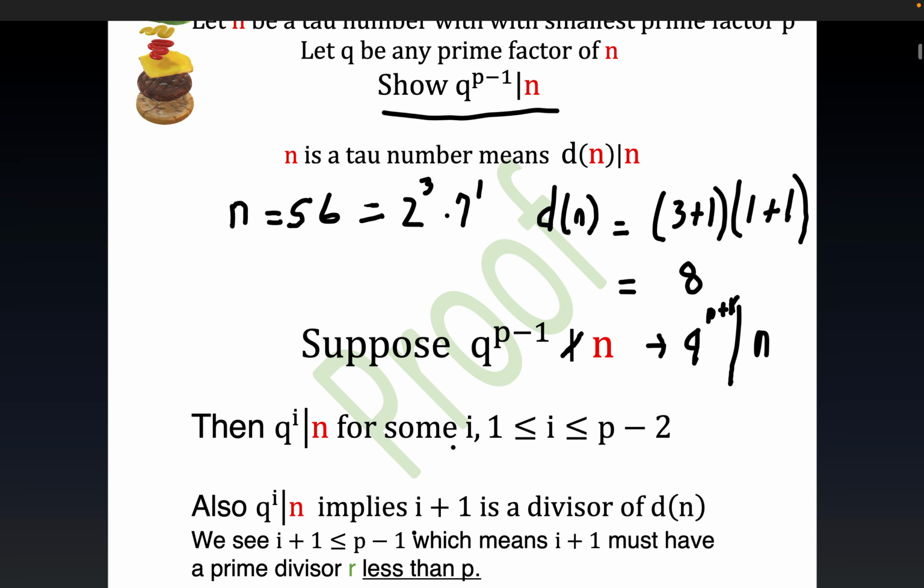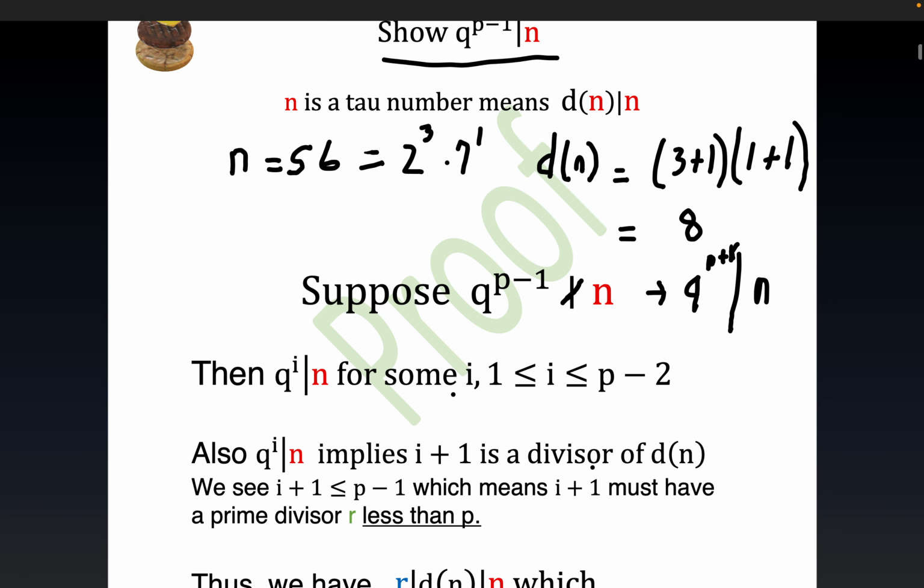Now, so q to the i, we're assuming that i takes on one of these values, okay? But that implies i plus 1 is a divisor of d of n, and it comes from this incrementing idea I just showed you up here. In other words, this part holds because of the fact that you have to increment the exponents.